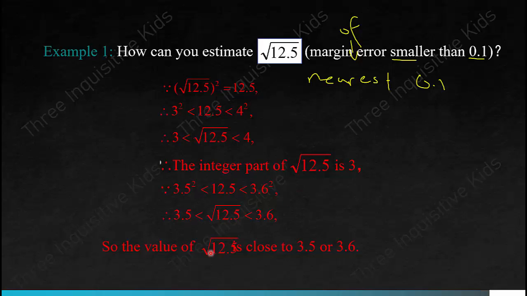Okay, so the value of the square root of 12.5 is close to 3.5 or 3.6, and I don't have to go any further because it's just to the nearest 0.1, or the margin of error is smaller than 0.1.